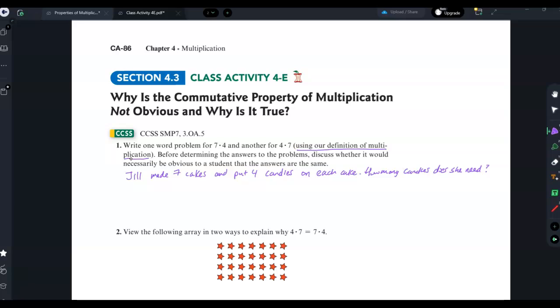When I did this, instead of focusing on how different my story problems would be, I actually wanted to make them very similar and see if students would catch on. So the one that I did for 4 times 7 was I just changed it and said Jill made 4 cakes and put 7 candles on each. Quite literally just switch the numbers. And again, I want to know how many candles does she need.